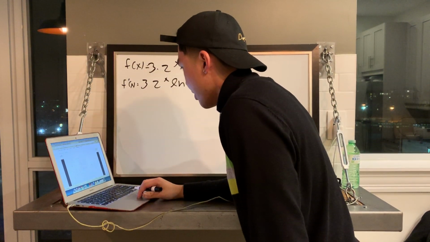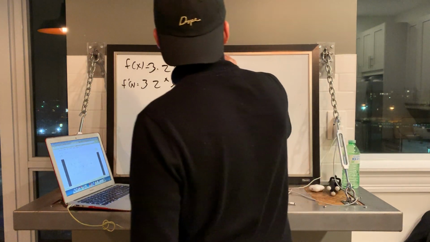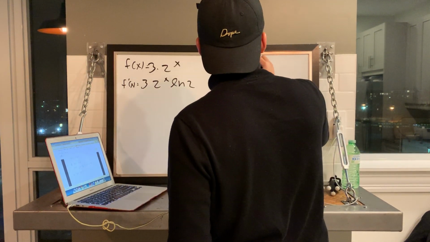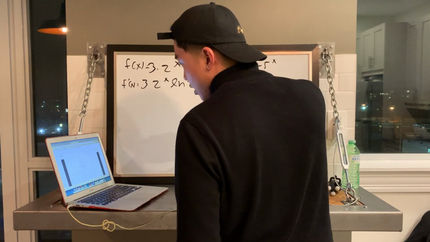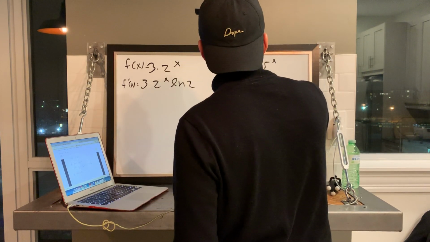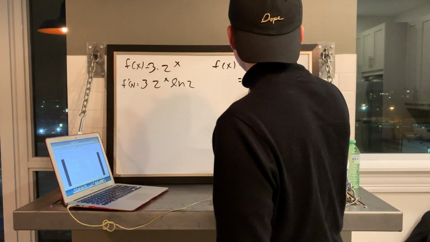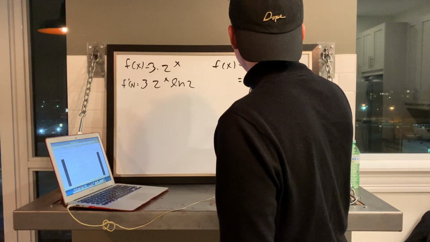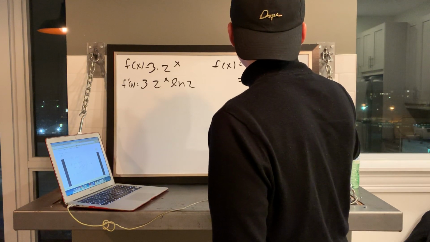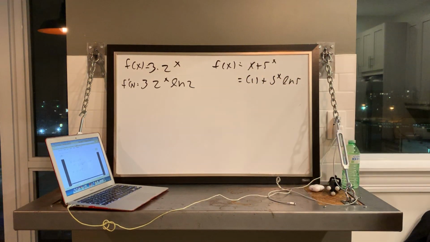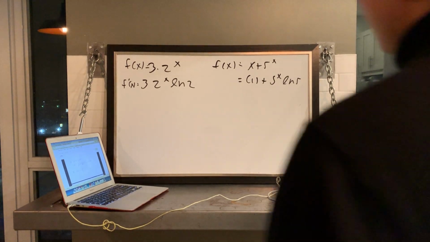That's all that would happen. And if I had, likewise, f of x equals x plus 5 to the x, then I would just separate them. So I'd have 1 plus 5 to the x ln 5, essentially. So I'd rewrite it again and then ln the base. That's all I would do, essentially, to take the derivative.